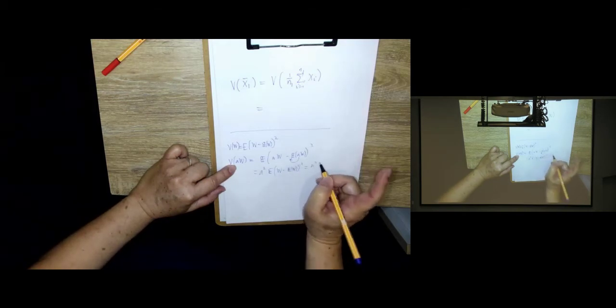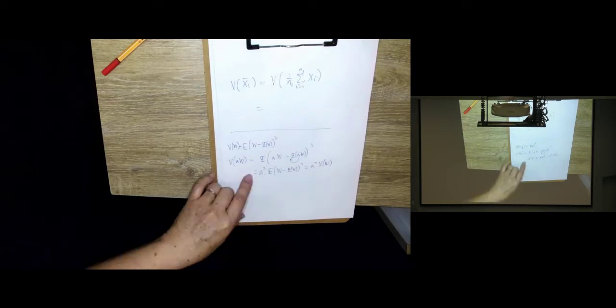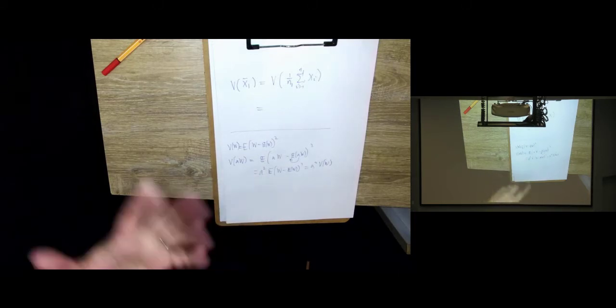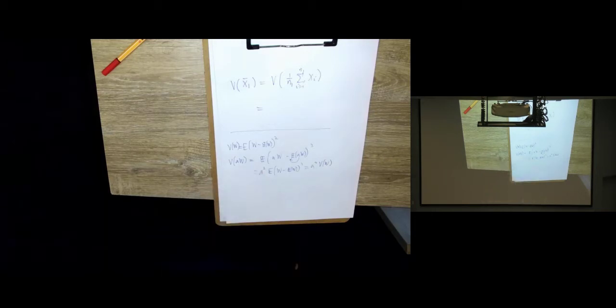And so it would be A squared times the variance of W. So when you multiply the measurement by a factor, the variance will be multiplied by the factor squared. Now the factor that you multiply can be negative, but because of the square, the negative part of the factor will disappear.